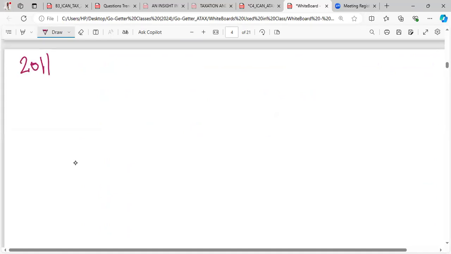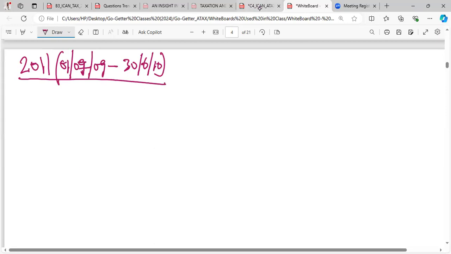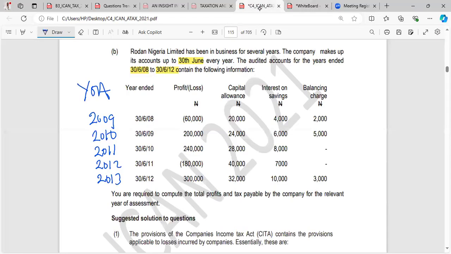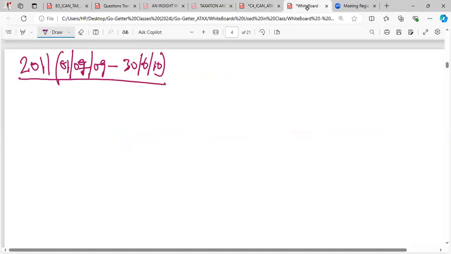2011, that means it must be from July 1, 2009 to 30th June 2010. What were we given? Profit is 240,000.